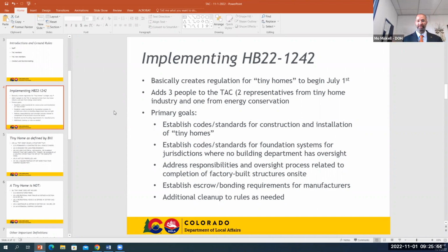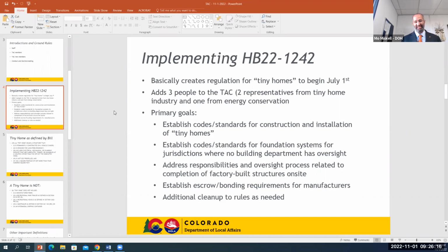On one end, we've got modular construction that we already regulate through our building codes and standards section, where we are on the 2018 IRC, and we've already adopted several years ago Appendix Q for tiny houses, which is Appendix AQ now for those on the 2021 IRC. So we've already been allowing for that for several years. The catch being, those structures have to be on a permanent foundation.